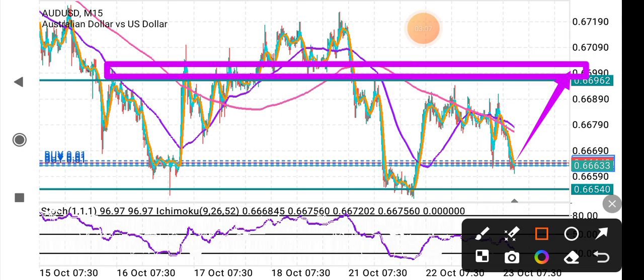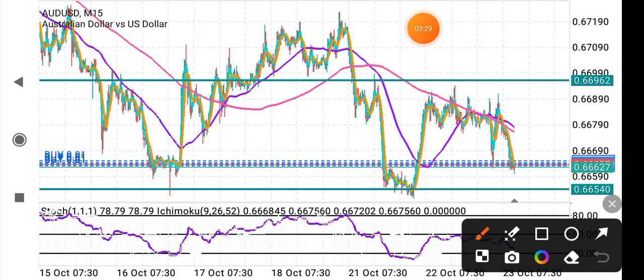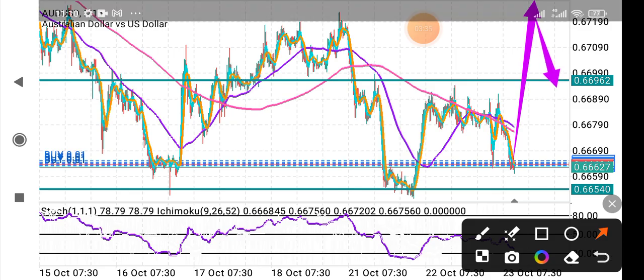So that one is a sniper entry. That one is not an entry for anyone. That is an entry for those who have experience. But if you're still new, the safest entry that you can have is for this market to come out, come back, retest.